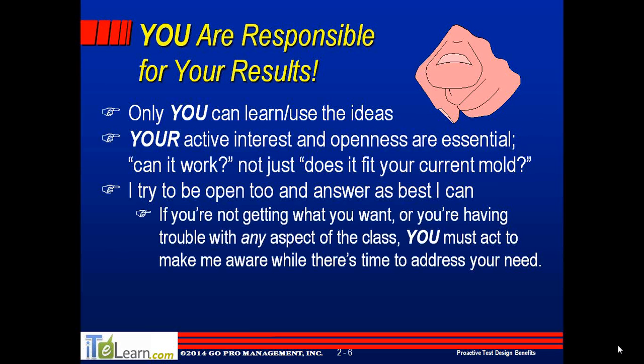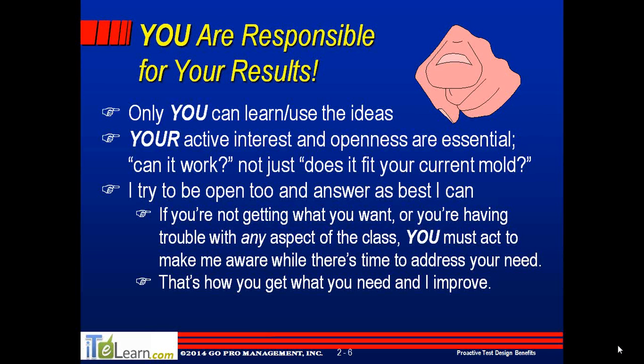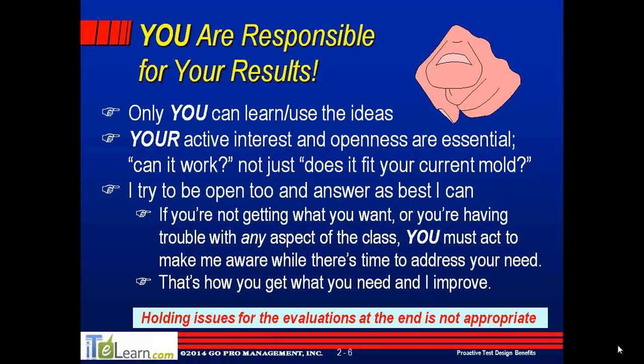Now, part of your responsibility for your results is making sure that if you have issues, you let me know about them while I have time to address them. That's how you get what you need. That's how I get what I need, so we can both improve. Now, at the end of the final session, you're going to be asked to complete some kind of an evaluation.